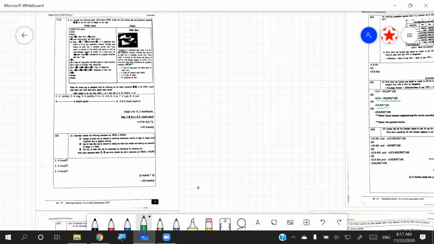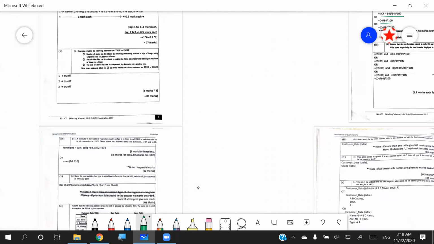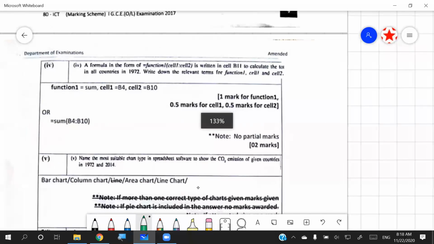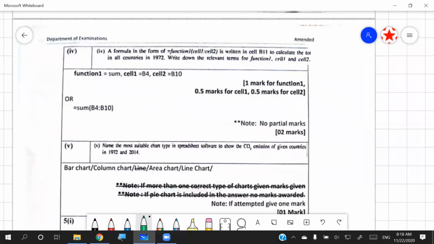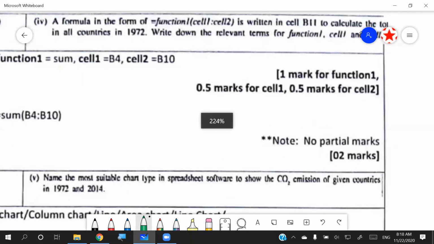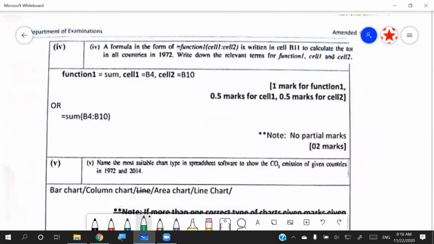So moving to the fourth part. So it is asking a formula in the form of function(cell 1, cell 2) in this manner, right? Written in cell B11 to calculate the total in all countries in 1972. Write down the relevant terms for the function, cell 1 and cell 2, right?